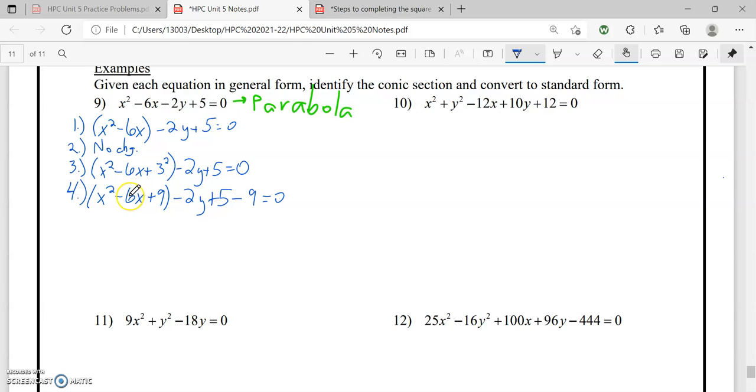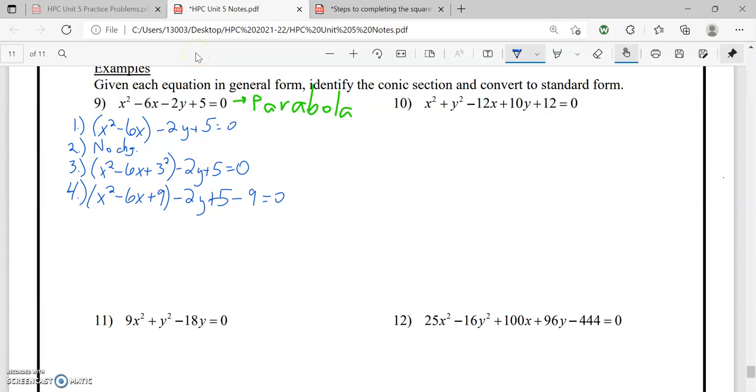Again, what we're trying to get at is we had x squared minus 6x and then minus 2y plus 5. Well, if we have a plus 9 in the parentheses, we now have a new equation, so we're going to say also minus 9. So in the end, the plus 9 minus 9 cancel. We're back to what we started with, but with a purpose.